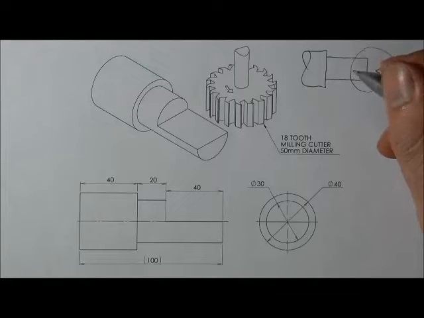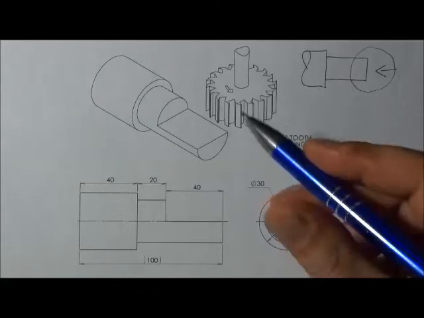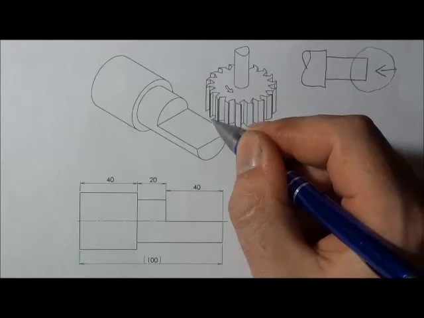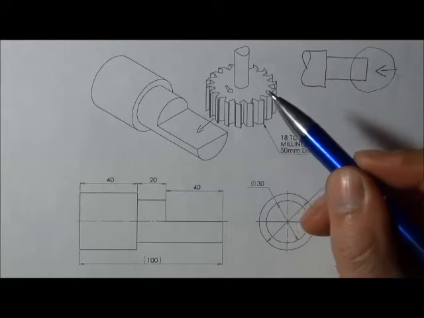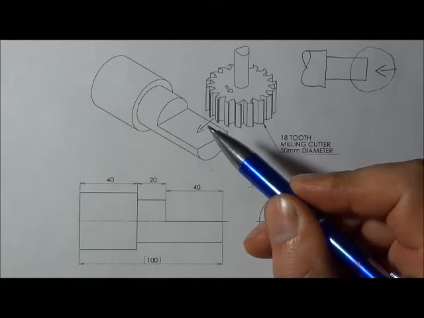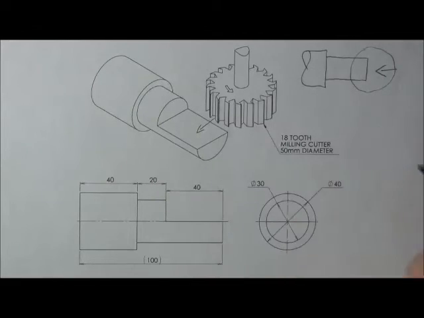So that means the feed direction cannot be axial. That means the feed direction has to be radial, like that. So the cutter comes in from this opposite side and moves over the surface until it exits on this side.